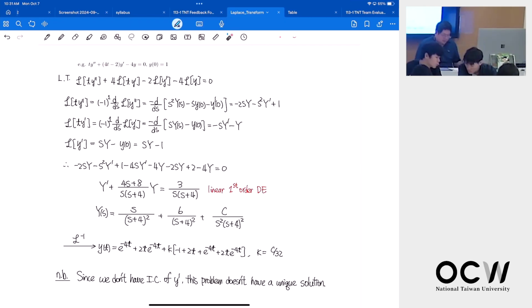Because we try to find another way to find a solution. And when you use the Laplace transform, we can convert some types of differential equations into algebra problems. Okay, and that'll be easy to solve.